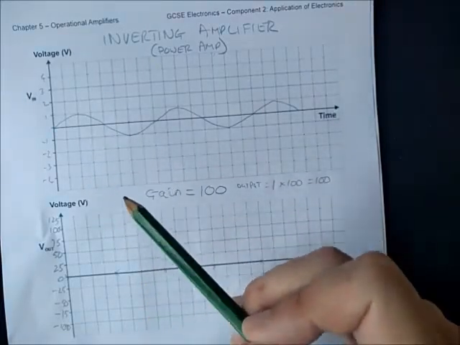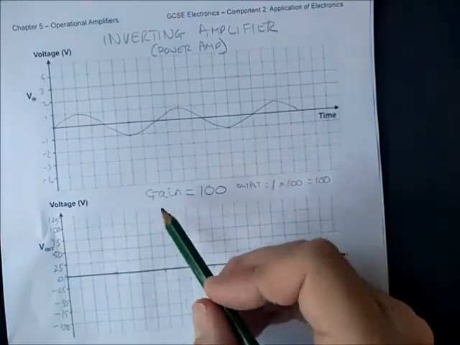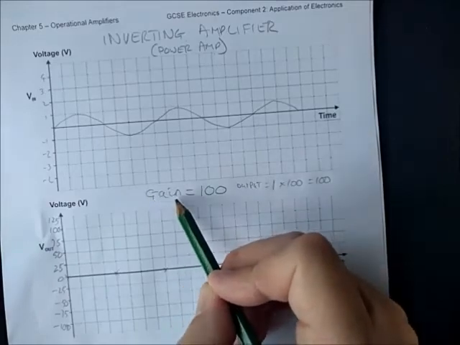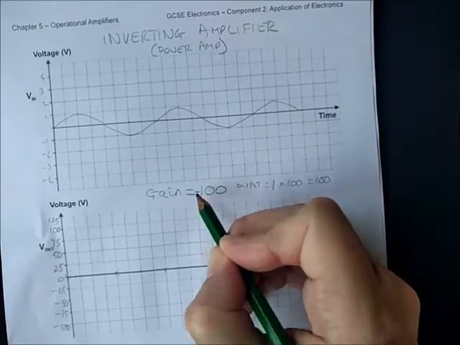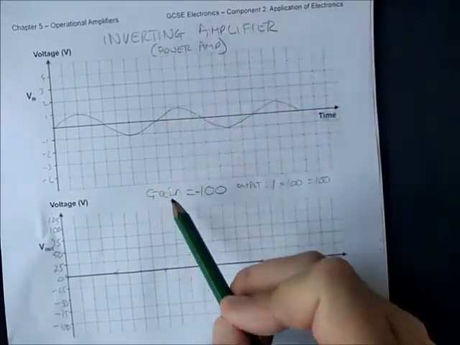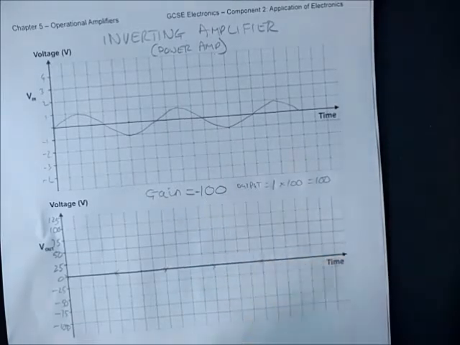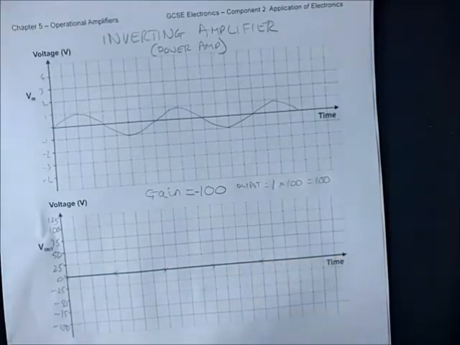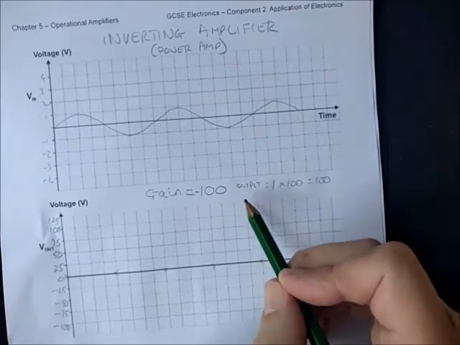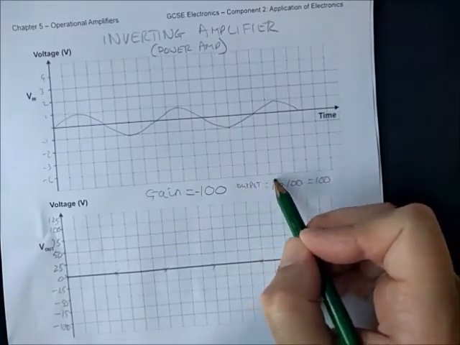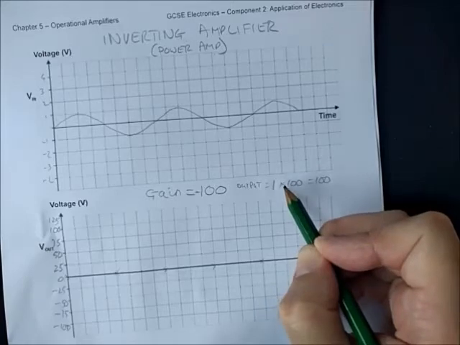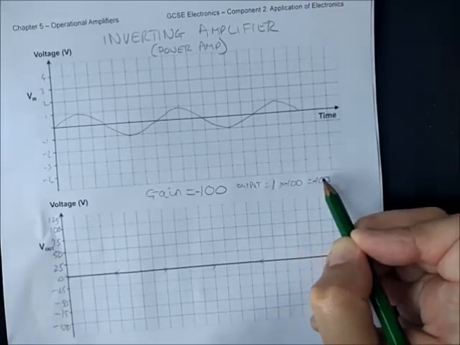It's got an opposite gain. It's got a negative gain usually. So realistically, it should say here that the gain is -100. For an inverting amplifier, the gain is usually a minus number. That means that when I work this out, really, the output is 1 times 100. It's 1 times -100, so it's -100.